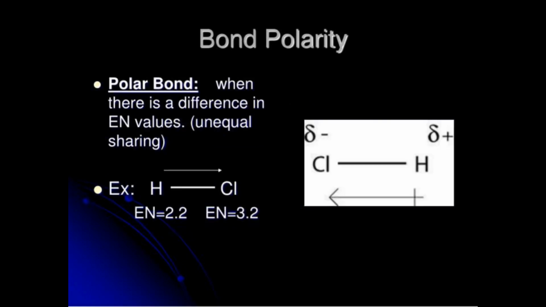Now another factor is bond polarity. When we look at polarity, we can have a polar covalent bond and a non-polar covalent bond. A polar bond occurs when there is a difference in electronegativity value, and it usually involves unequal sharing.